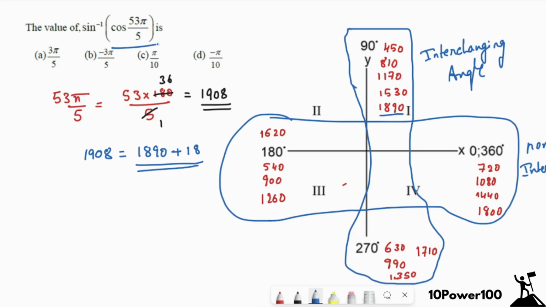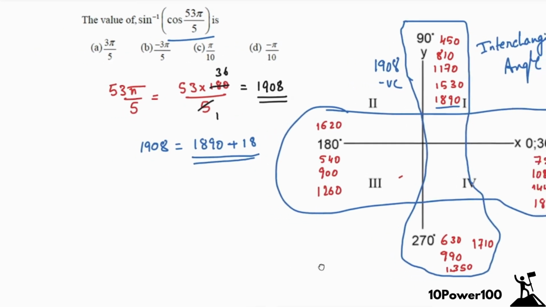So here we are changing cos to sine. And one more thing: 1908 falls in the second quadrant, where cos is negative.